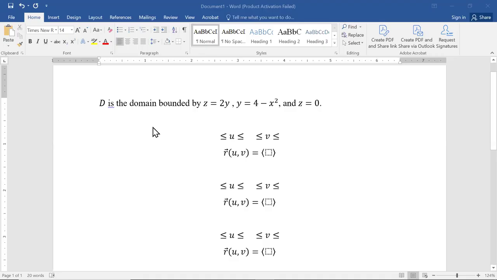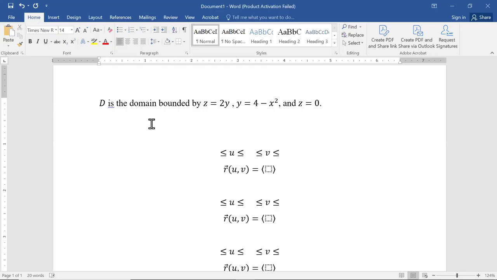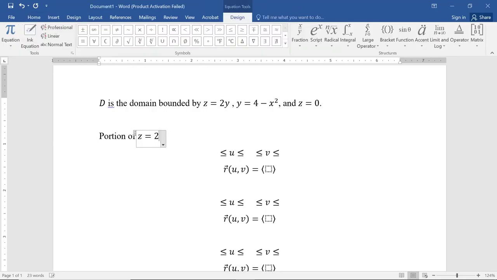So let's do the parameterizations for each of those pieces, each of those surfaces. And I'll start with the portion of, well, it really doesn't matter. Let's do the portion of z equals 2y. All right.